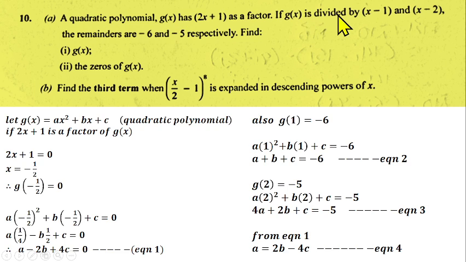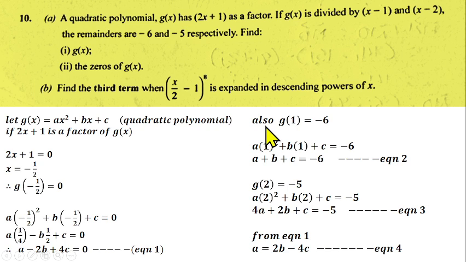Also, we are told that this same g of x, which is ax squared plus bx plus c, is divided by x minus 1, and it gives us a remainder of minus 6. So that means if I substitute the value of x to be 1 into g of x, the remainder should be equal to minus 6.